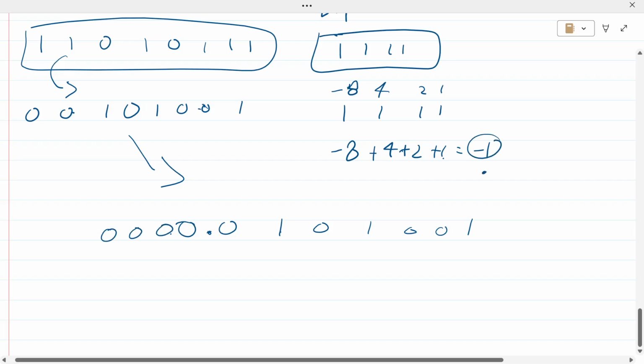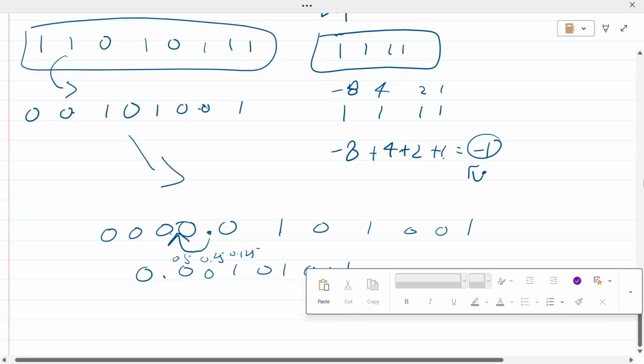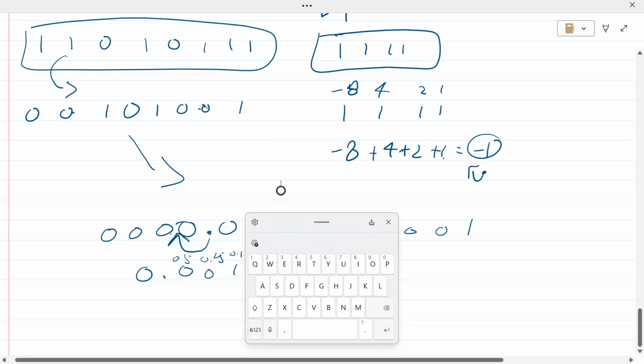This means this is going to go one place to the left, not to the right. Why? Because it's not positive. So it goes here, and you're left with 0.00101001, right? So that would be 0.5, 0.25, 0.125, and then you just add them all up. I would rather not do it.